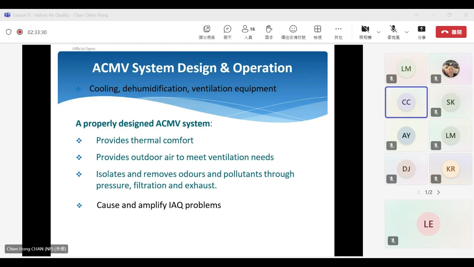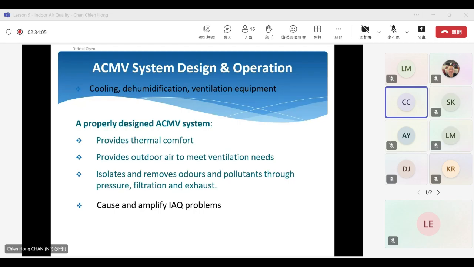So we need to understand how to properly design the systems and choose the filtration systems that can help us improve the air quality. Because if you look at the air conditioning system, besides creating thermal comfort by cooling the air, it also plays the dehumidification function.